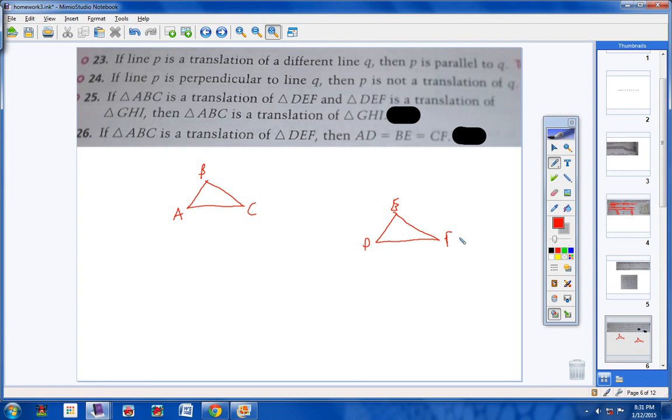Notice it's a translation because it goes down and then over like that, and then it says DEF is a translation of GHI. So maybe let's say it went down and over this way, and here's GHI.